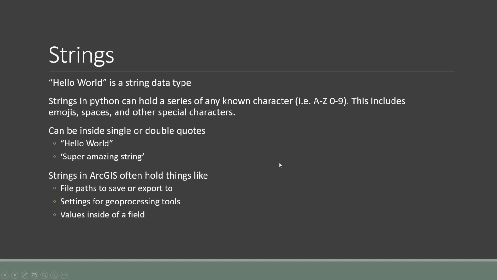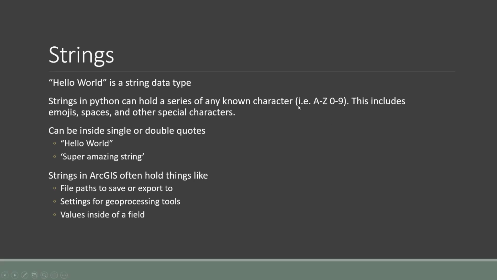The first data type here, one that you've already dealt with, is the string. Notice that hello world was put into these double quotes here. Anything in these double quotes is considered a string, and they can carry pretty much any type of text.